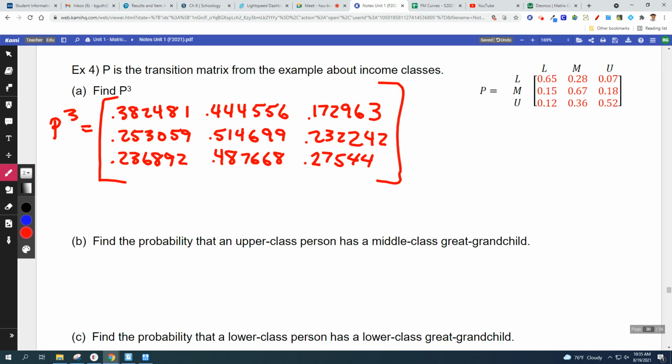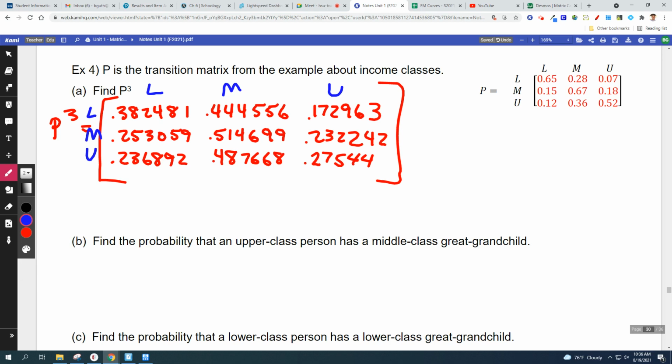Again, you've got numbers between 0 and 1. The rows should all add up to 1. Okay, that's great. Don't forget what we're talking about. We're talking about transitioning from lower, middle, upper to lower, middle, upper in 3 transitions now. This is the matrix that would tell us 3 transitions. The original only told us 1 transition from parent to child, but this one tells us from parent to great-grandchild.